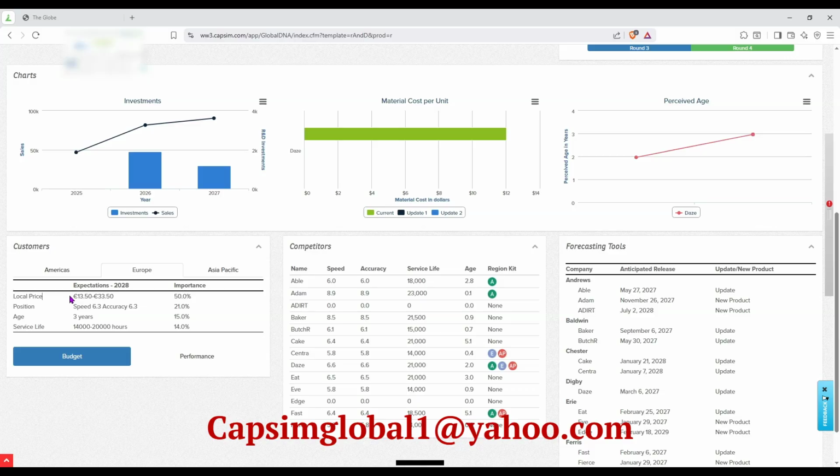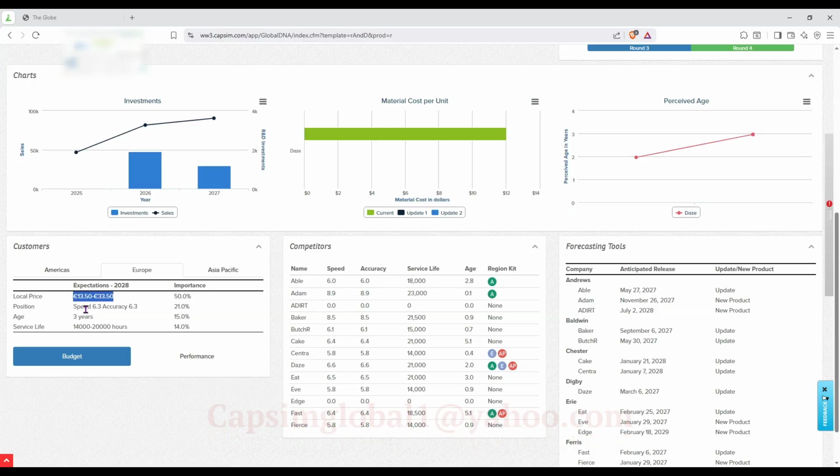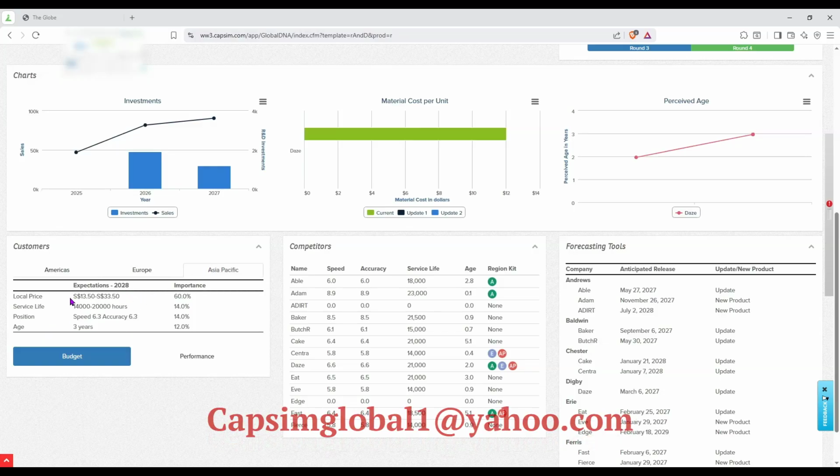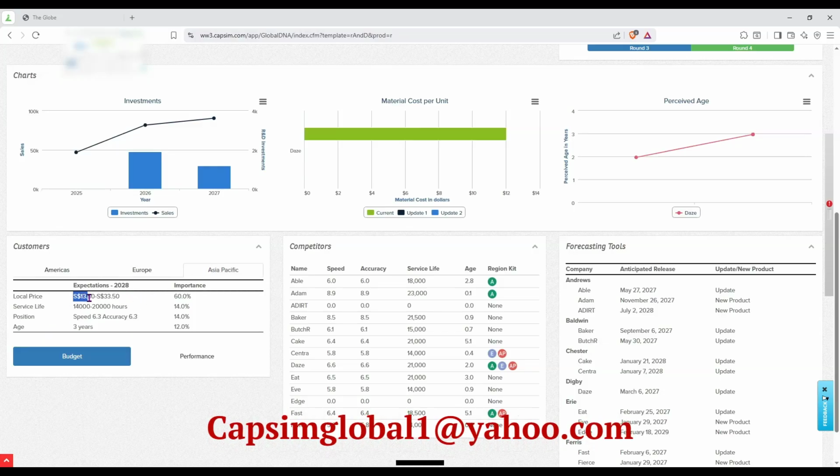In Europe, customers expect a price of 13.5 to 33.5, speed of 6.3, accuracy 6.3, 3 years of age, and 14,000 to 20,000 hours. Next is Asia Pacific. Also, customers expect 13.50 to 33.50 price, 14,000 to 20,000 service life, and speed and accuracy 6.3, 6.3, 3 years of age.